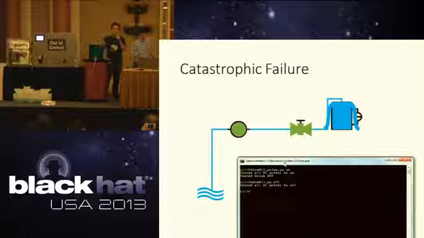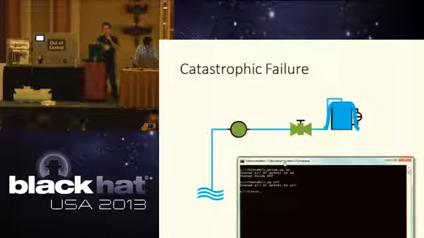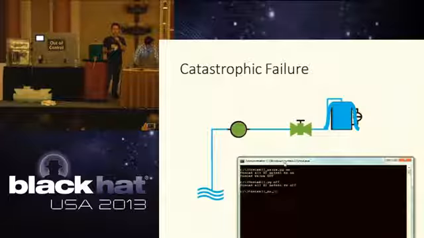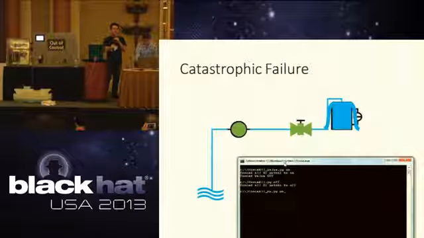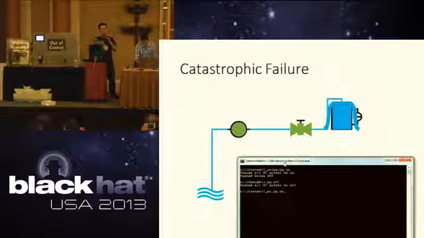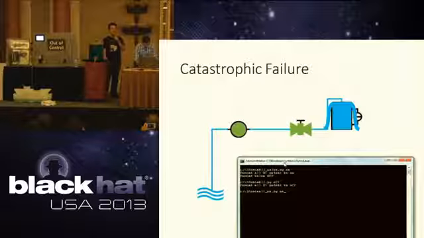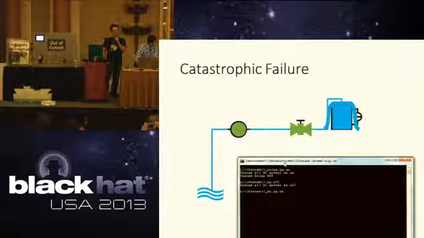A lot of operators think the worst thing that can happen is they lose visibility into their process. But the worst thing that could happen is a data incongruity, so they don't really see what's actually going on. Okay, so we'll give it a shot. We'll see what happens.